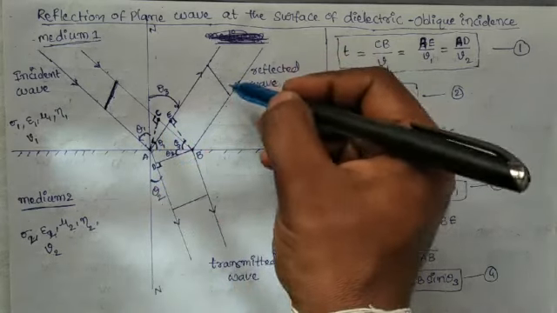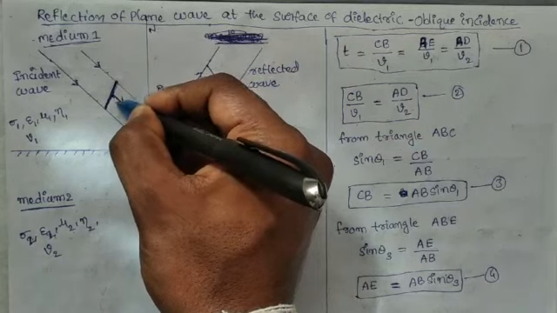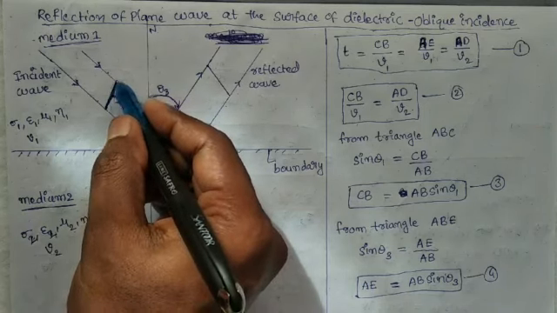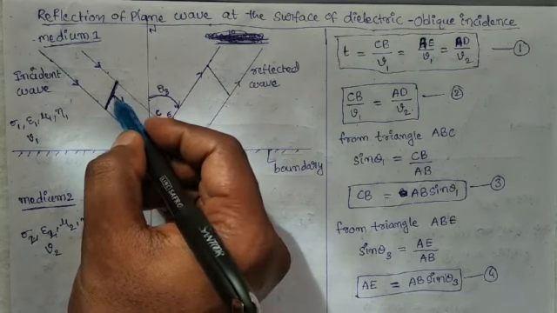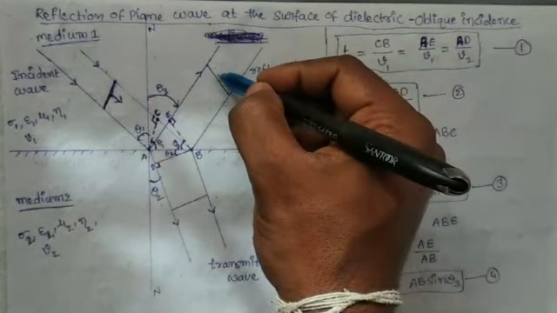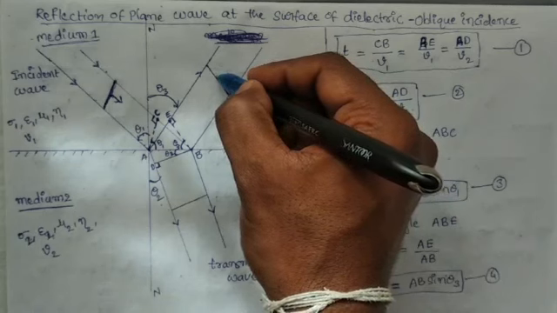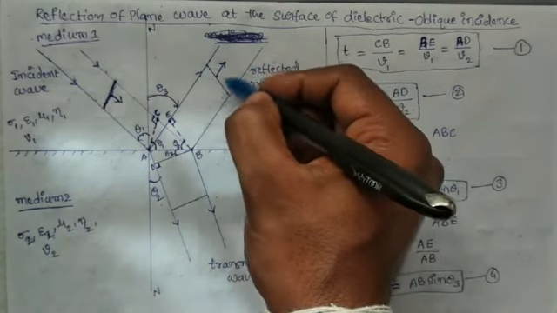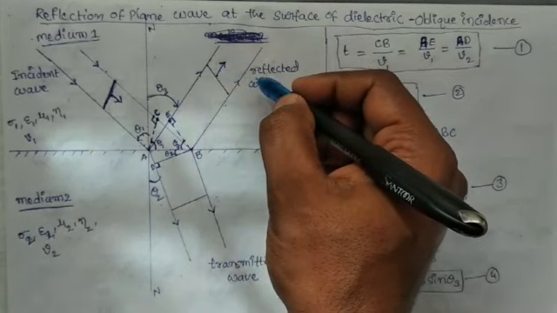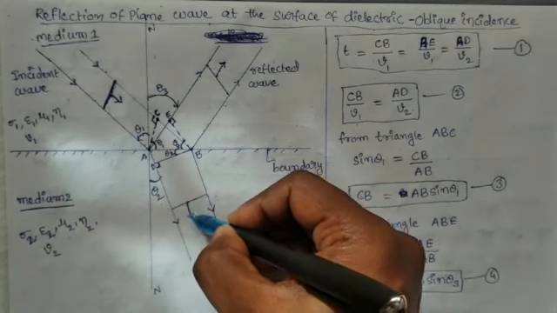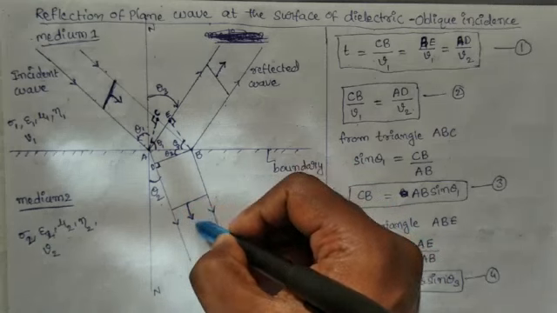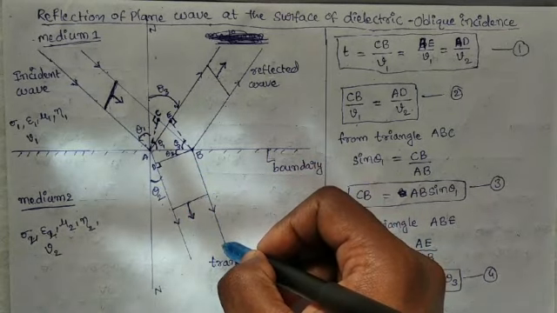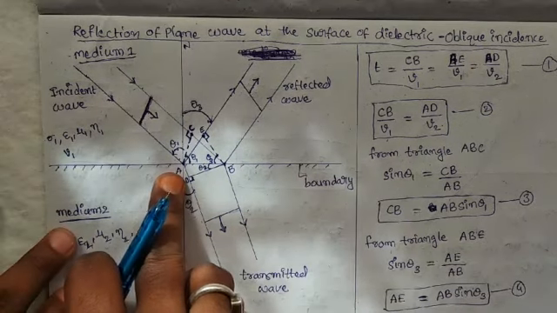Here we are taking a unit vector, and that unit vector gives the direction of the incident wavefront, that is a_Ni, in the direction of propagation of the incident ray. Similarly, we indicate the direction of the reflected wavefront, which is in the direction of propagation of the reflected wave. Similarly, the direction of the transmitted wavefront is in the direction of propagation of the transmitted wave.